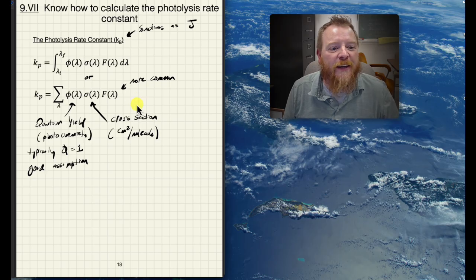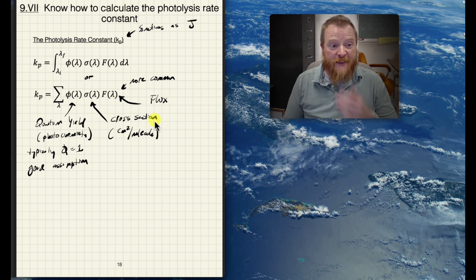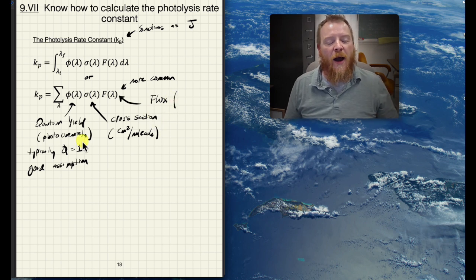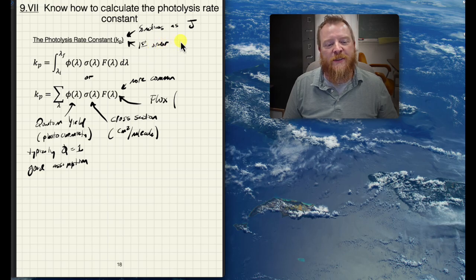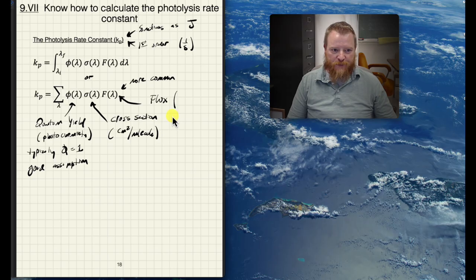And then finally, that leaves the flux. That is how much light we have available. And what I neglected to mention here is that photolysis rate constants are always first order processes with units of 1/seconds.